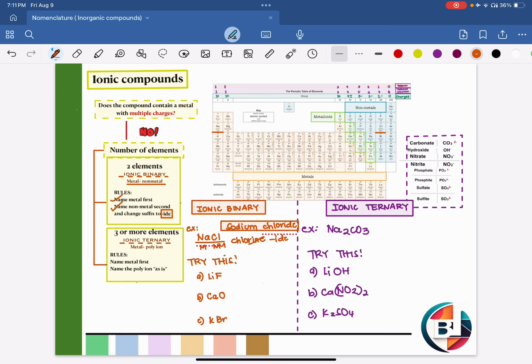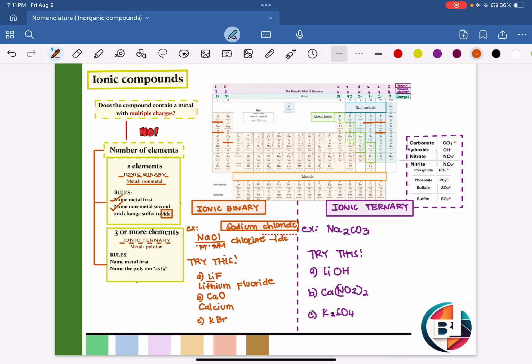Next, let's try the following. Li, name it as is. So in your periodic table, it is named as lithium. F is fluorine, but change that to IDE, so you would have it as fluoride. Next to which would be your Ca, which is named in your periodic table as calcium.